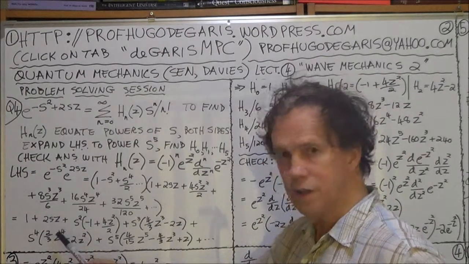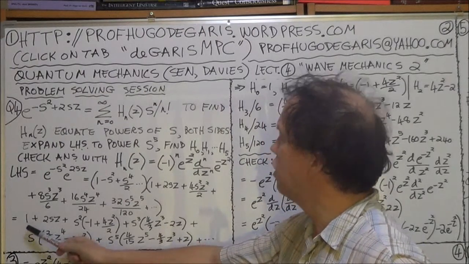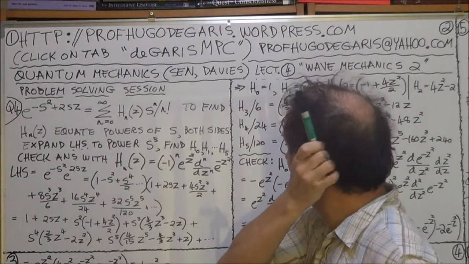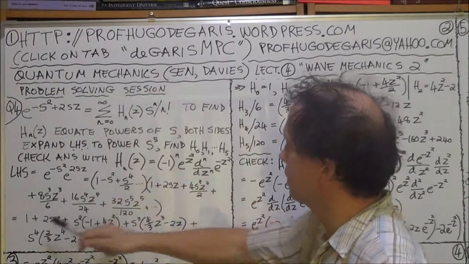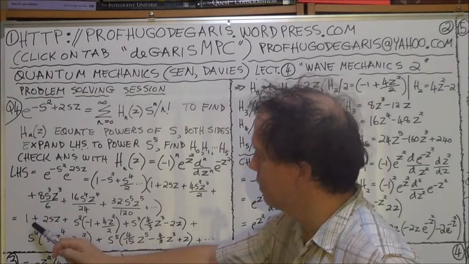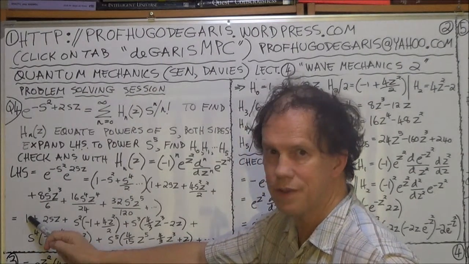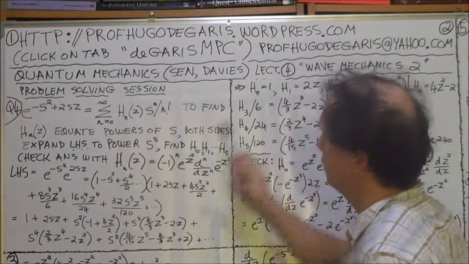We know the coefficient of s is just 2z. So h naught will be just 1. We just read off the coefficients. This is power s to the naught, so h naught is just 1 from here.